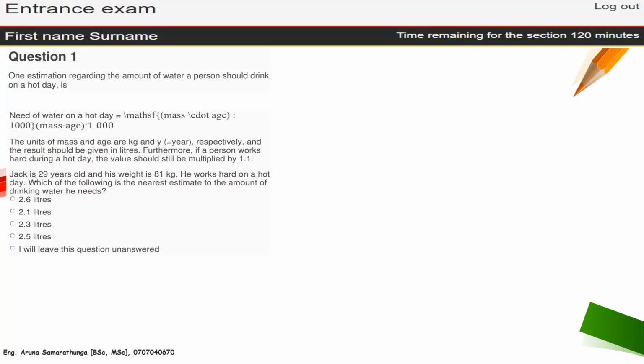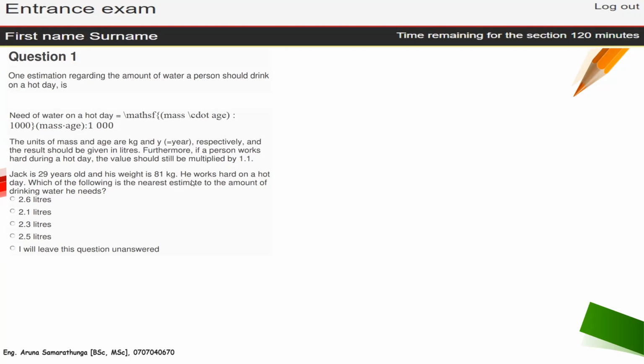Now the question is here. Jack, this person, is 29 years old. It's already given in years, so no need to worry about the conversions. His weight is 81, also given in kilograms, so no need to convert the unit.